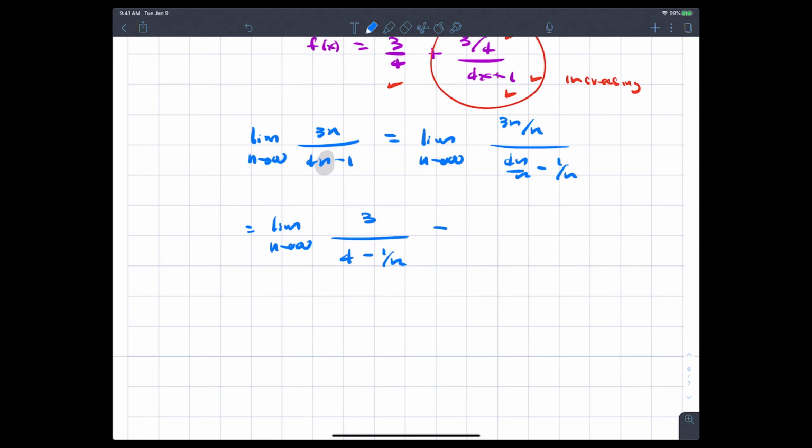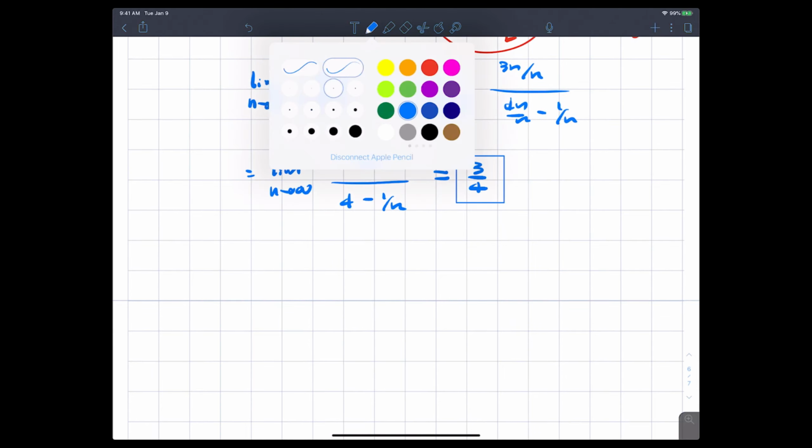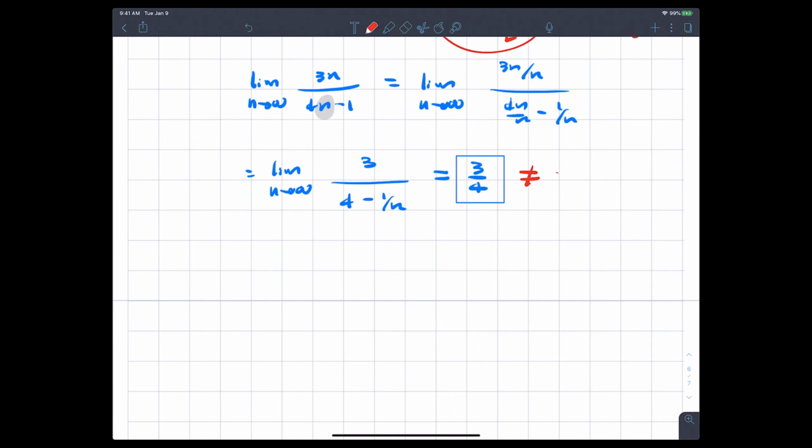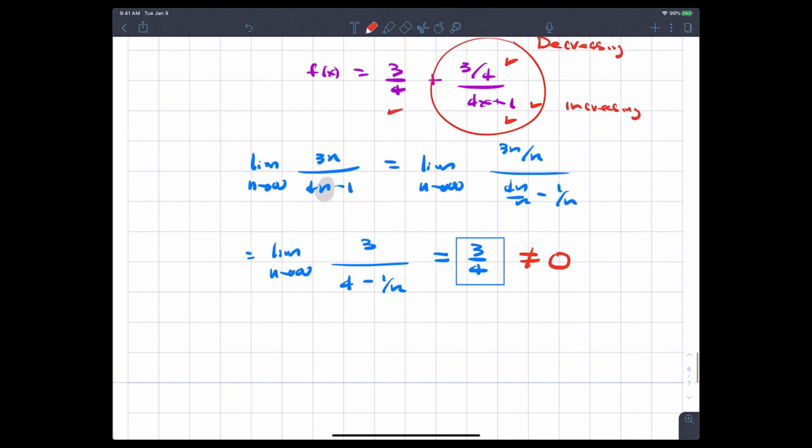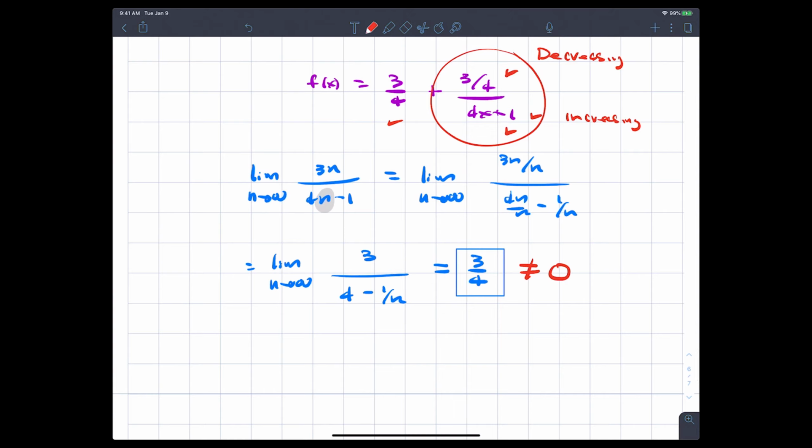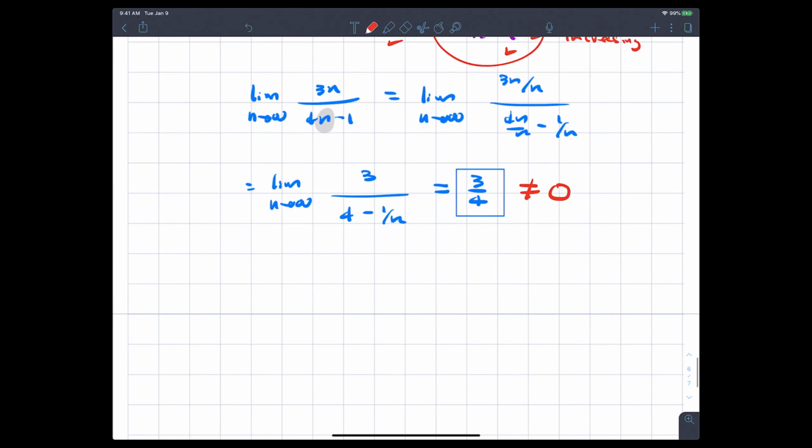Now, here's the interesting part. This limit goes to 3/4, and this is not equal to 0. If it were 0, by the alternating series test we would say that we have convergence. But because it's not equal to 0, here's what I'm going to say to you.